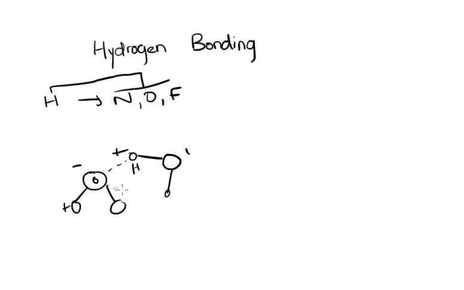So the way I think about it is that water has London dispersion forces, dipole-dipole interactions, and hydrogen bonding. It has all three, but the most pivotal type of IMF in water is hydrogen bonding.